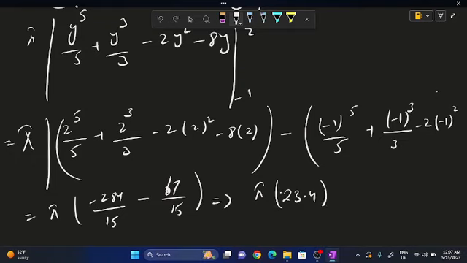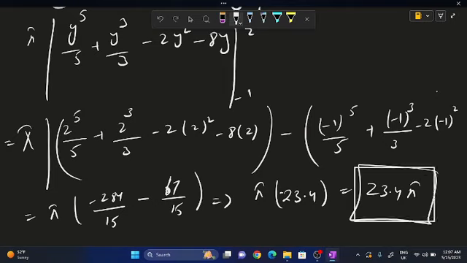That would be in minus case, but volume can never be negative. Volume is always positive. So by using this assumption, you have to choose your answer in a positive way, and your value will be 23.4 times pi. That is the answer for this volume.